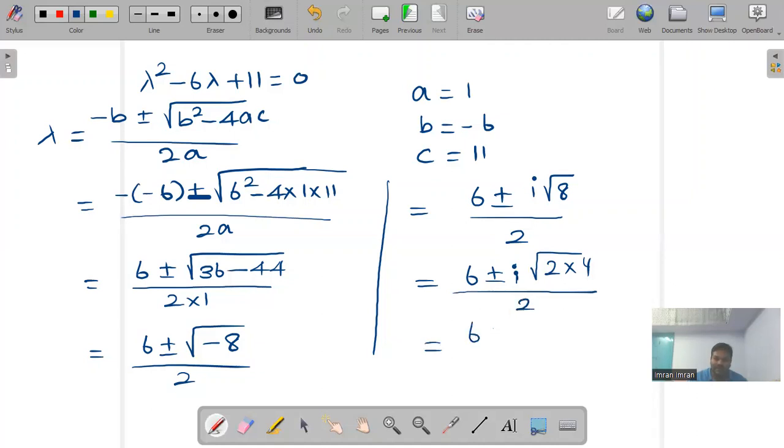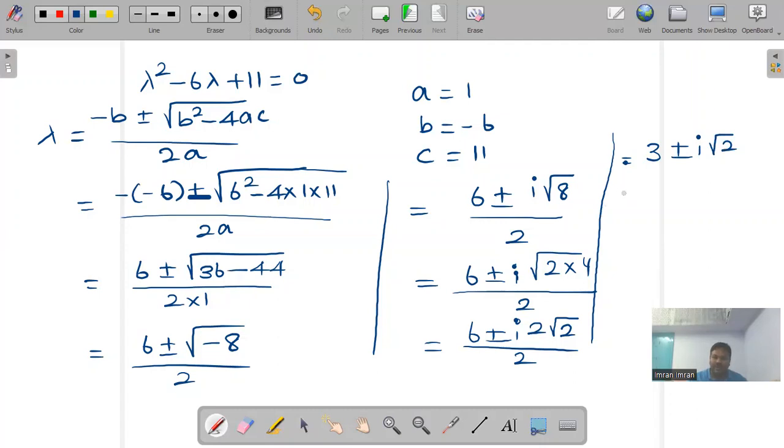Further simplified into square root of 2 into root 2, divided by 2. You can take 2 on the denominator, divided by 2. Finally, we get 3 plus or minus i root 2. The eigenvalues, that is characteristic values, lambda 1 equal to 3 plus i into root 2 and lambda 2 equal to 3 minus i into root 2. These are the characteristic values.